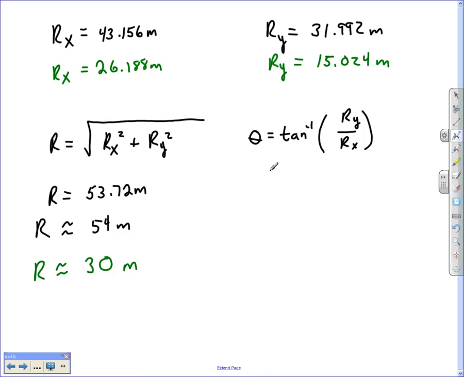In this particular case, the angle would have been roughly 37 degrees. It would have come out to like 36 and a half, but to two significant figures, the degree is 37. So our final answer for this would have been 54 meters at 37 degrees above the horizontal.